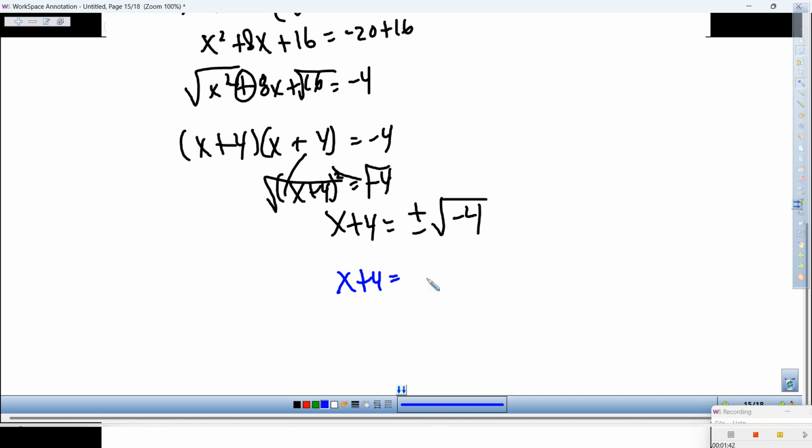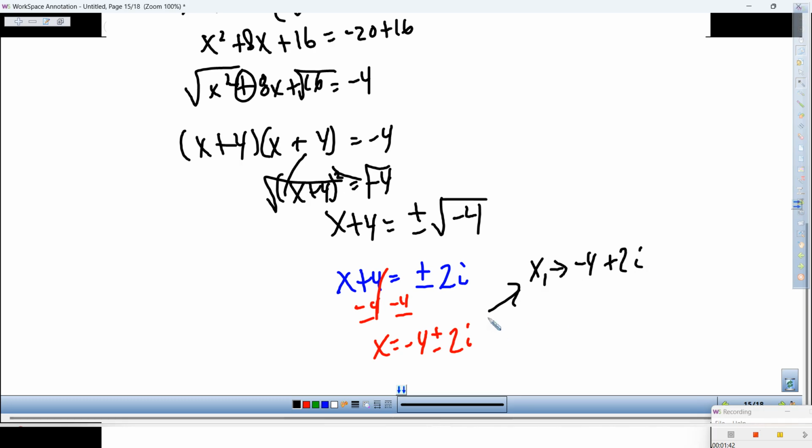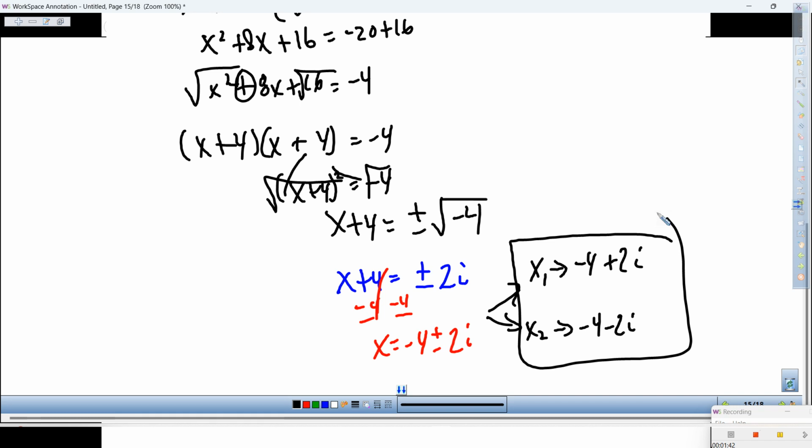X plus 4 equals plus minus 2i. And at the end, minus 4, x equals negative 4 plus minus 2i. So your two solutions are x sub 1 equals negative 4 plus 2i, and x sub 2 is negative 4 minus 2i. And last night the question was, are those real solutions?